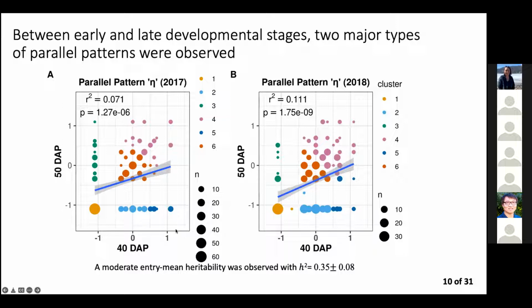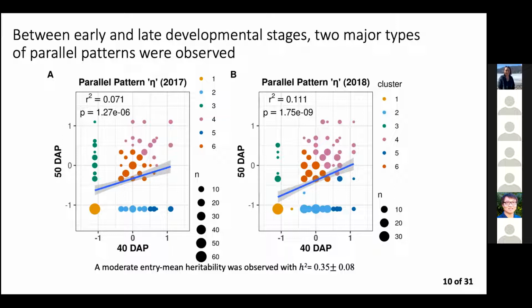By comparing the two years of data, this trait exhibits a moderate heritability of about 0.35. So we are interested in this observation that plants show this dramatically switched parallel pattern.